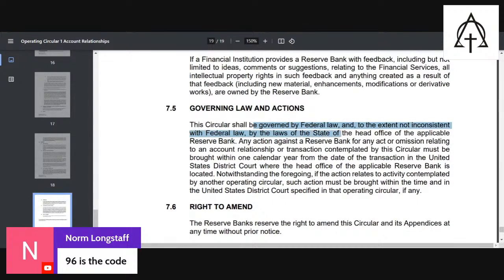By the laws of the state of the head office of the applicable Reserve Bank, any action against a reserve bank for any act or omission relating to an account relationship or transaction contemplated by this circular must be brought within 1 calendar year from the date of the transaction in United States District Court.